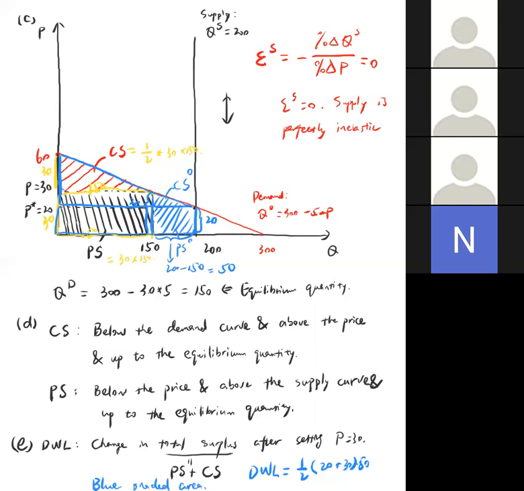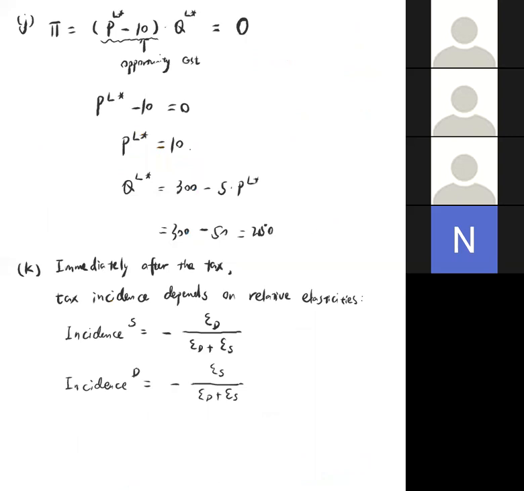Then coming back to what we're left with, if epsilon S equals 0, which is what we see in our graph, then the share of tax that consumers are going to pay is 0. So that means the supplier is paying all the tax, and here it is $5 per unit.